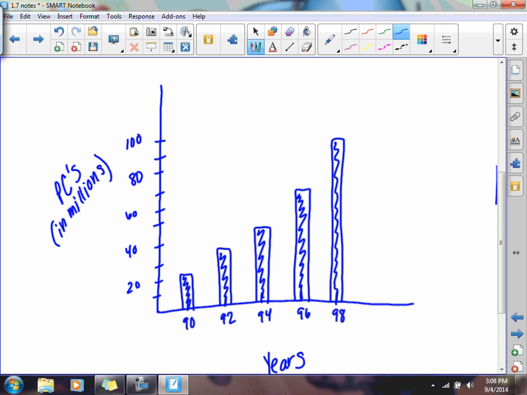There's one more thing that we need on this graph, and that is a title. And this was dealing with worldwide shipments of PCs.